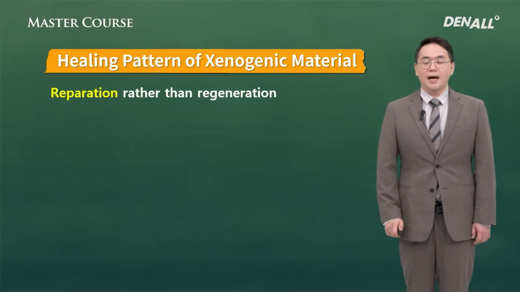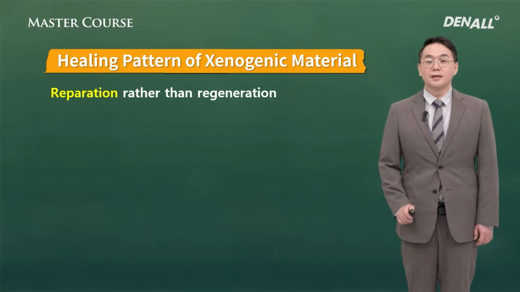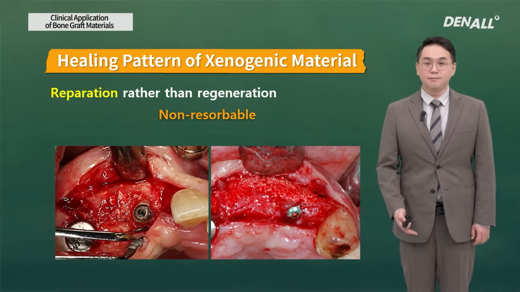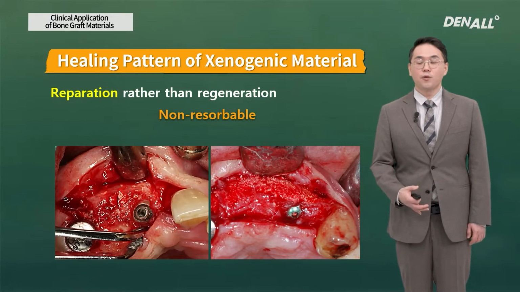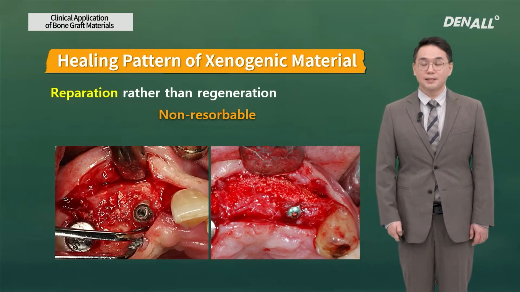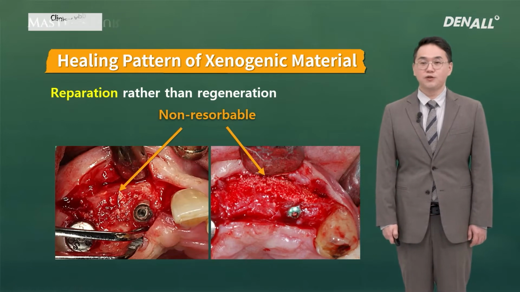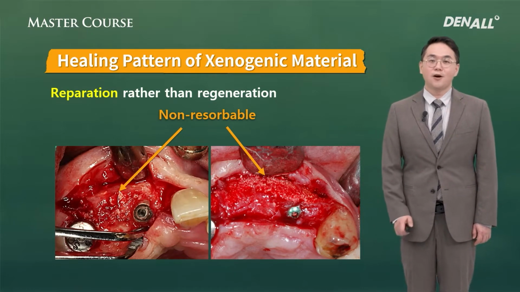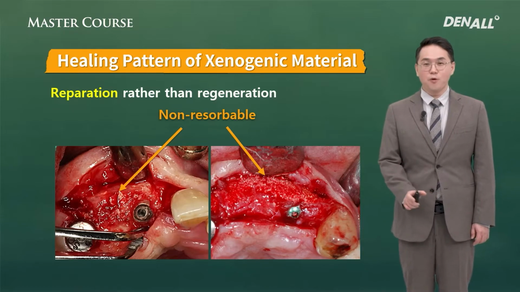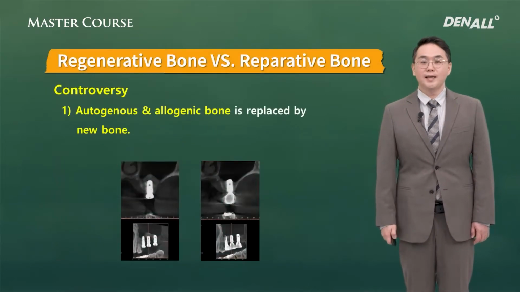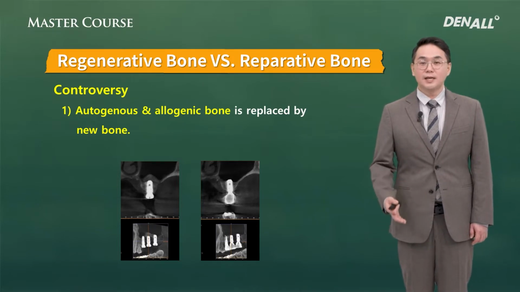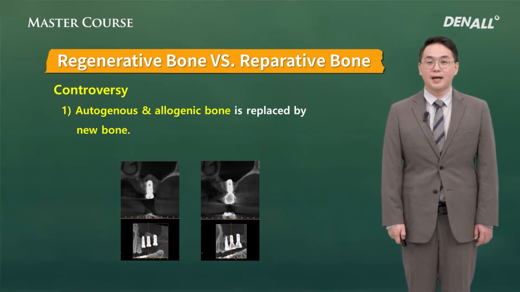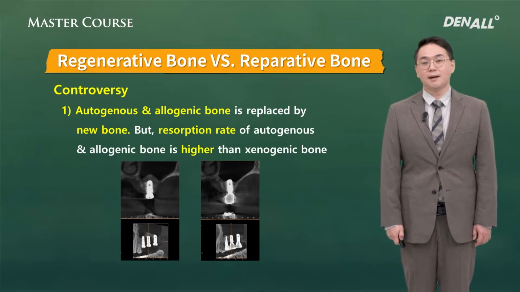In terms of the healing pattern, the xenograft is not resorbed. As I said, autogenous bone and allografts are resorbed and replaced by patient's autogenous bone, but xenograft is not resorbed at all. A little controversy over human bone versus xenograft. Autogenous and allogenic bone is replaced by the patient's bone, but the resorption rate is very high, about 30%.